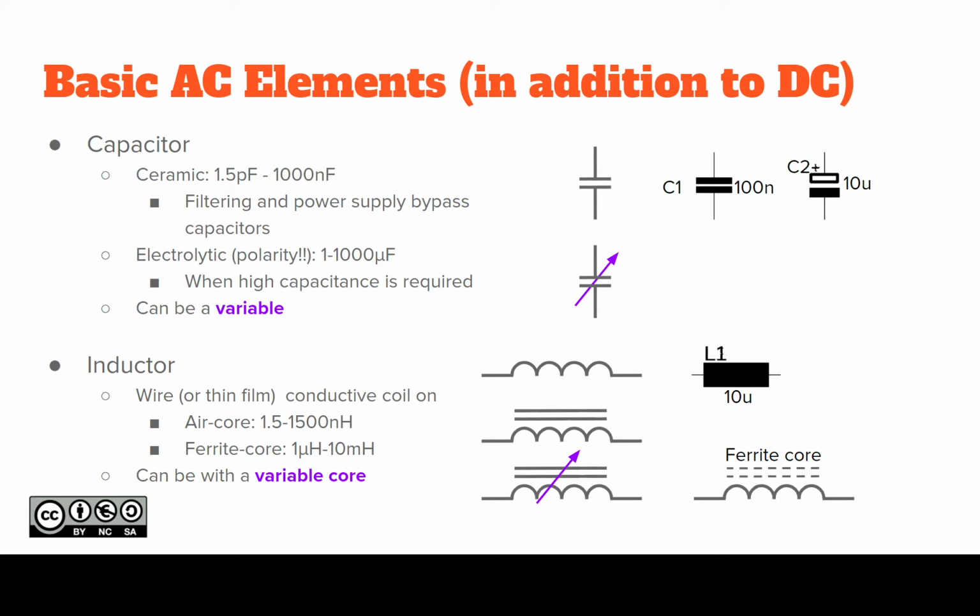And it could be either an air core, meaning that there is some plastic or something like that you are winding the wire around, or a ferrite core. And again, there is a big variety of different sizes and different types for different applications.